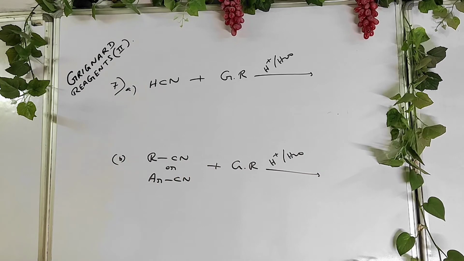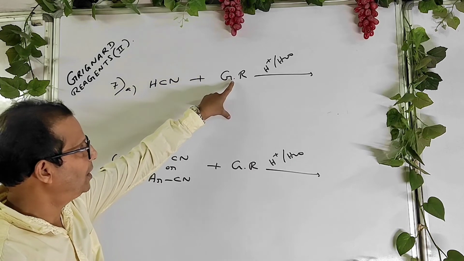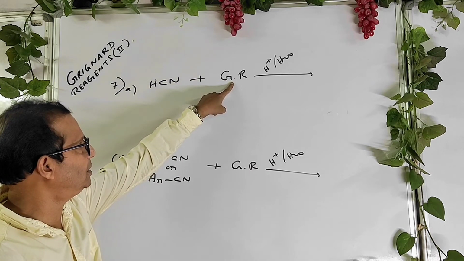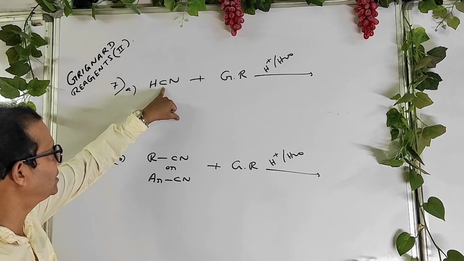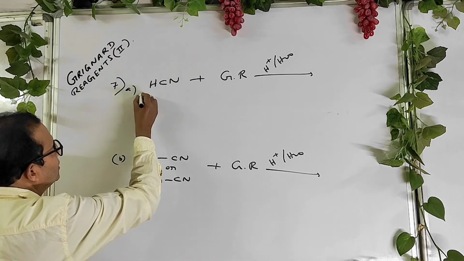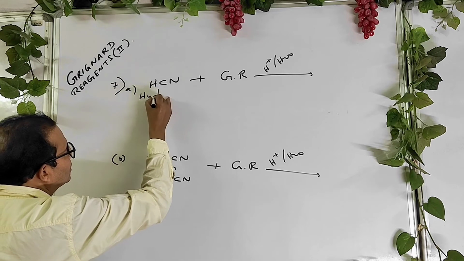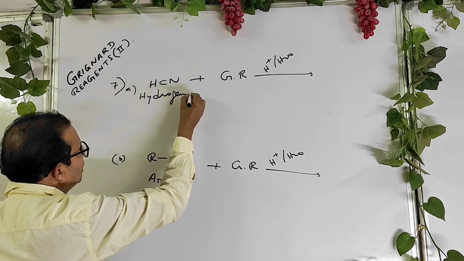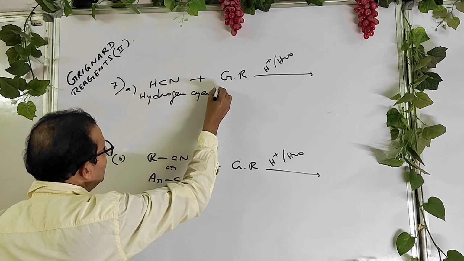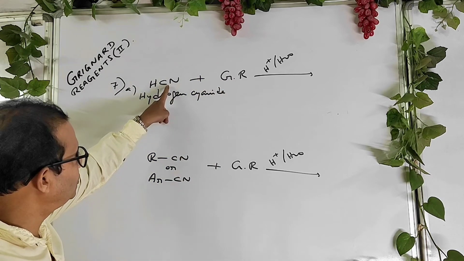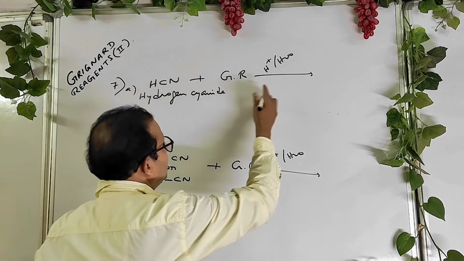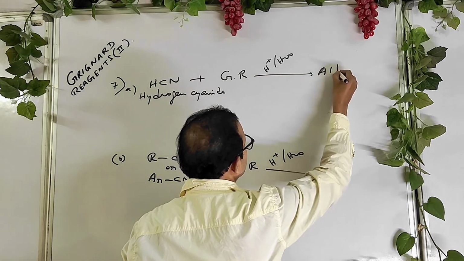These are also very important for conversions mainly. So remember it, whenever any Grignard reagent reacts with hydrogen cyanide, hydrocyanic acid, you get aldehyde.